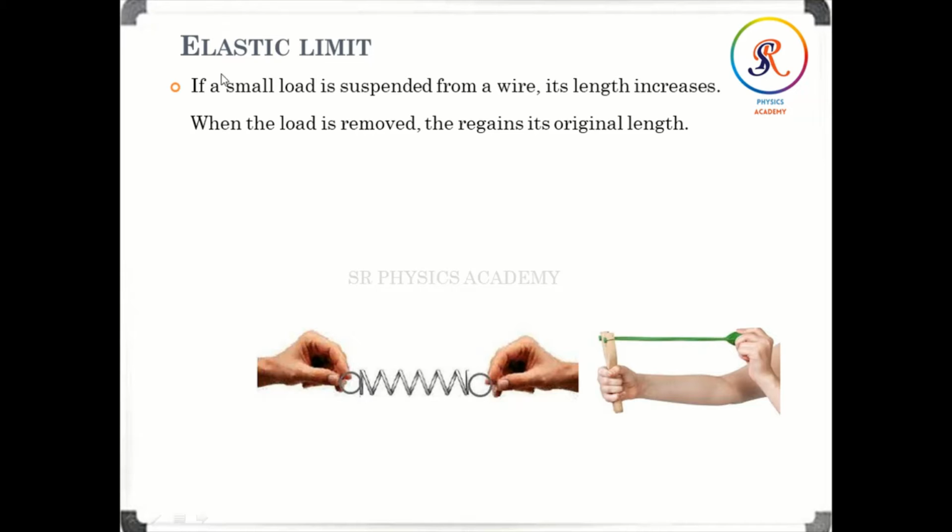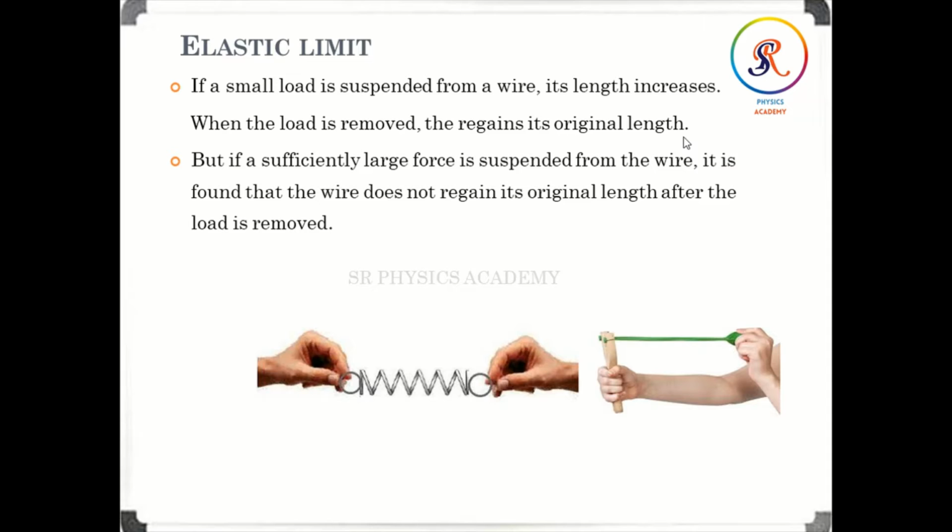An example: if a small load is suspended from a wire, its length increases. When the load is removed, it regains its original length. But if a sufficiently large force is suspended from a wire, it is found that the wire does not regain its original length after the load is removed. So what is the difference here?